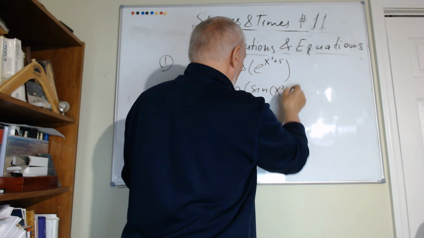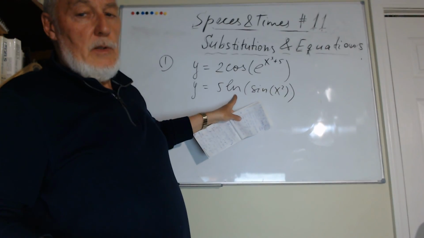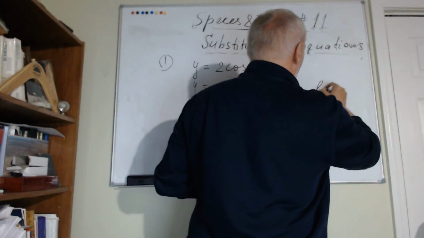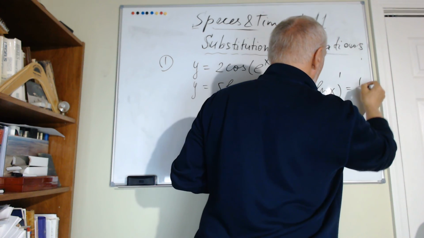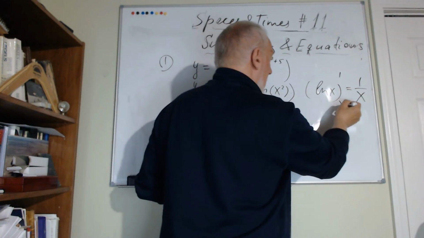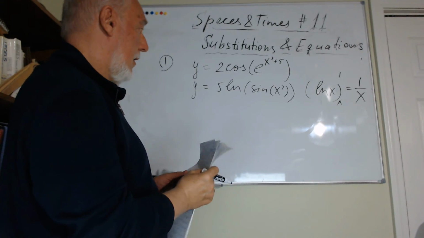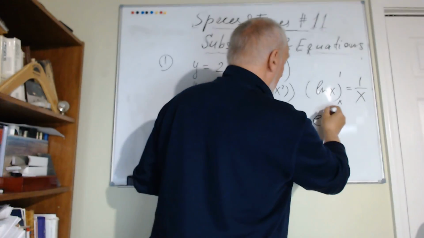Logarithm. This is called the natural logarithm. Just remember that the derivative of the natural logarithm is 1 divided by x. This is a function inverse to the exponent.